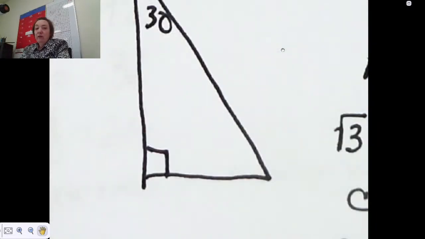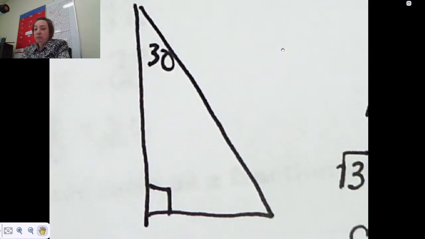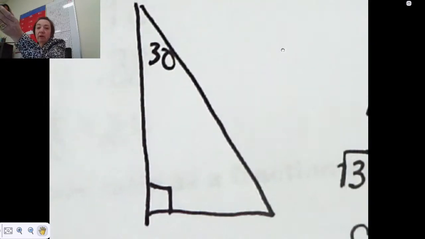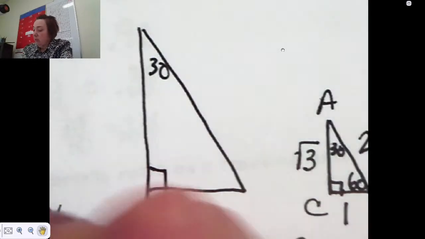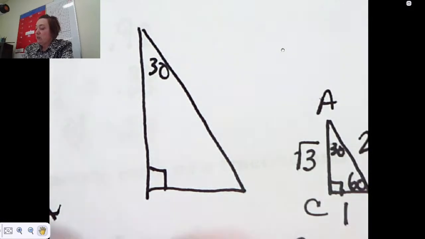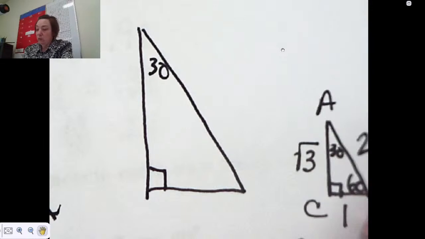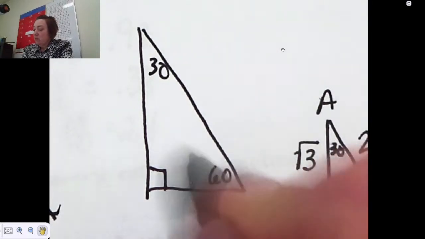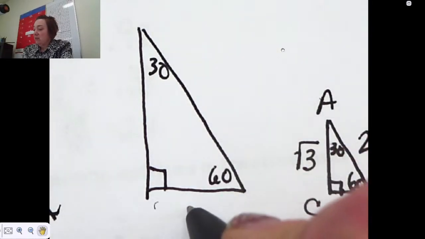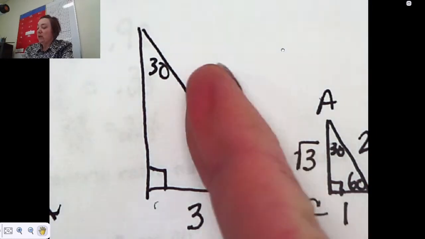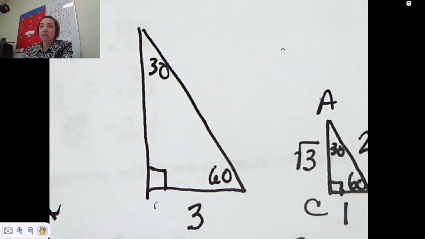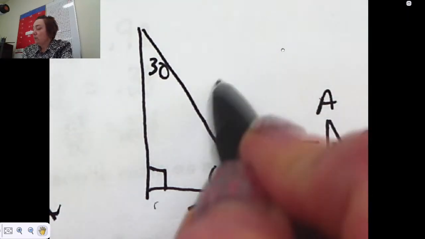Now, I want you to look at this guy. Tell me what you know about him. It's also a 30, 60, 90, right? Which means this is my short side. Let's say it's 3. If this short side is 3, how long is the long side? 6, because it's 2 times that, right?